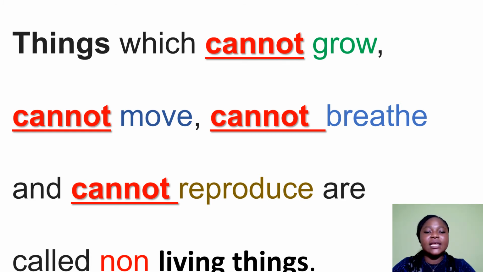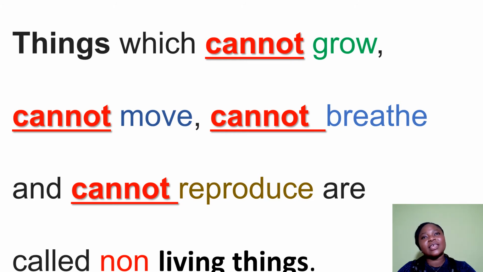So therefore we say non-living things cannot move. Non-living things cannot breathe. A chair cannot breathe as the human being does. A television set cannot breathe as well. So we say non-living things cannot breathe.